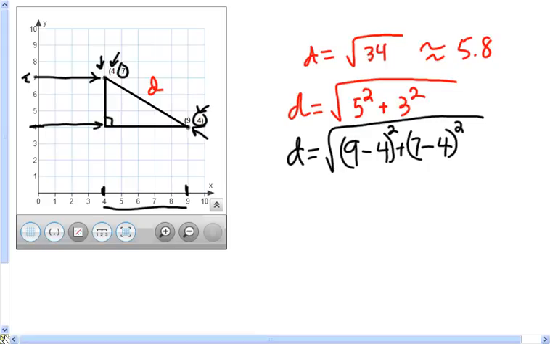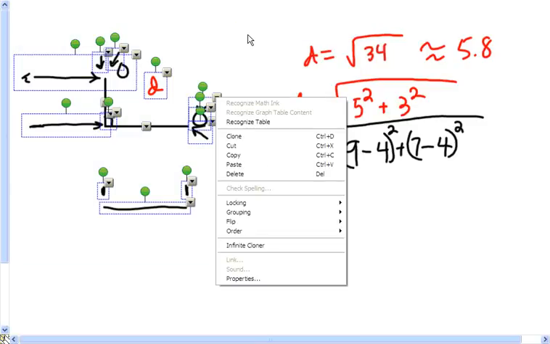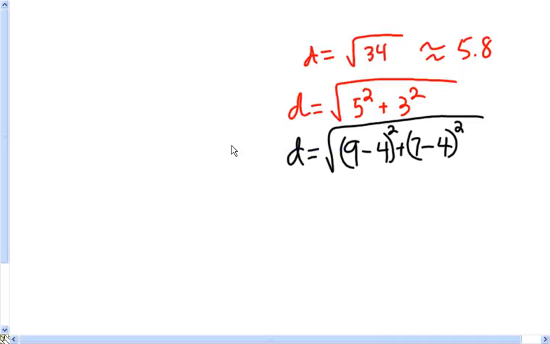Now, in a more general sense, if I get rid of this whole graph here and just make a more general graph, so I have my y-axis and my x-axis, and let's say I just have 2 points randomly anywhere on that.